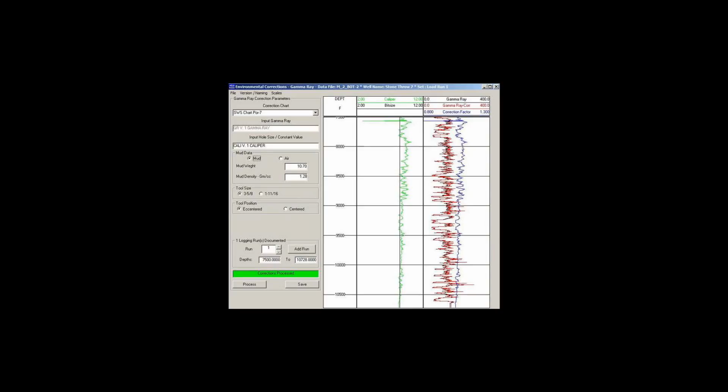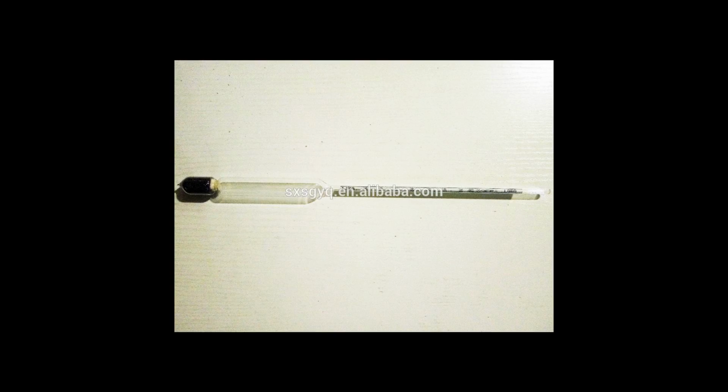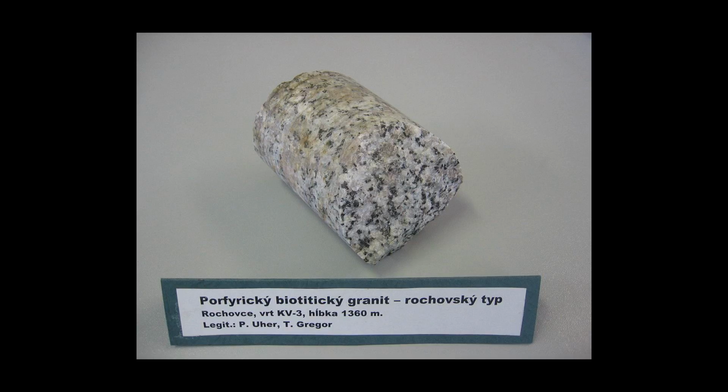In a 2-detector configuration, the short-spaced detector has a much shallower depth of investigation than the long-spaced detector, so it is used to measure the effect that the drilling fluid has on the gamma-ray detection.